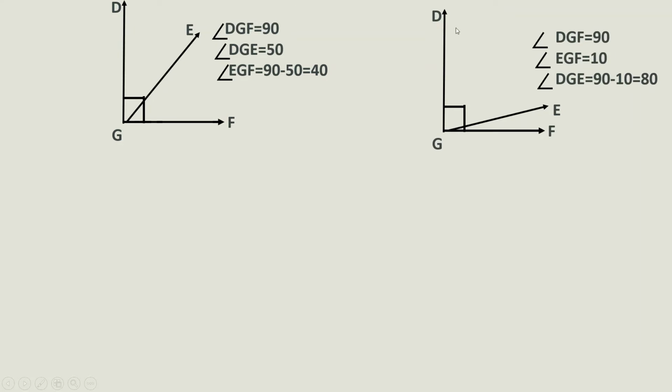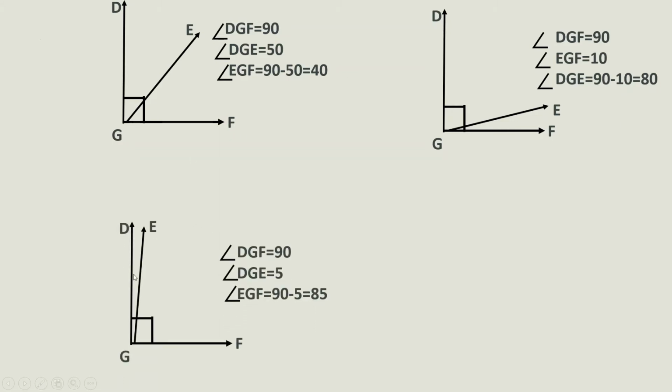In this angle, we know that DGF is 90 degrees and EGF is 10 degrees. So now to find DGE, it is 90 subtract 10, which gives us 80 degrees. So that means DGE is 80 degrees.